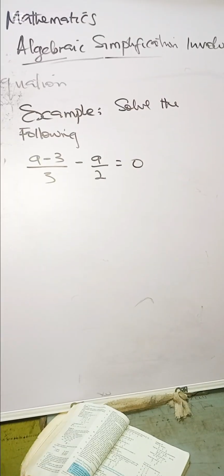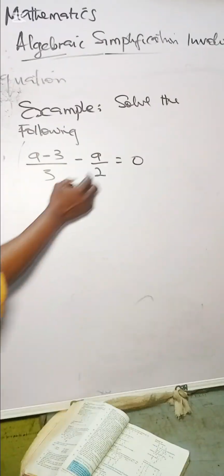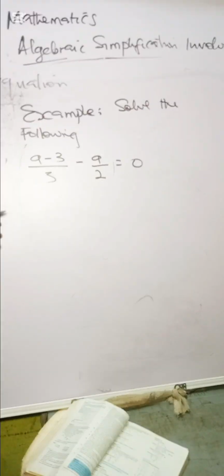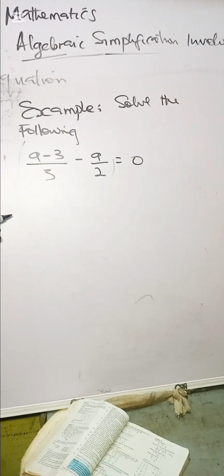A minus 3 over 3. Like when you look at this, it is the first one that we solved.